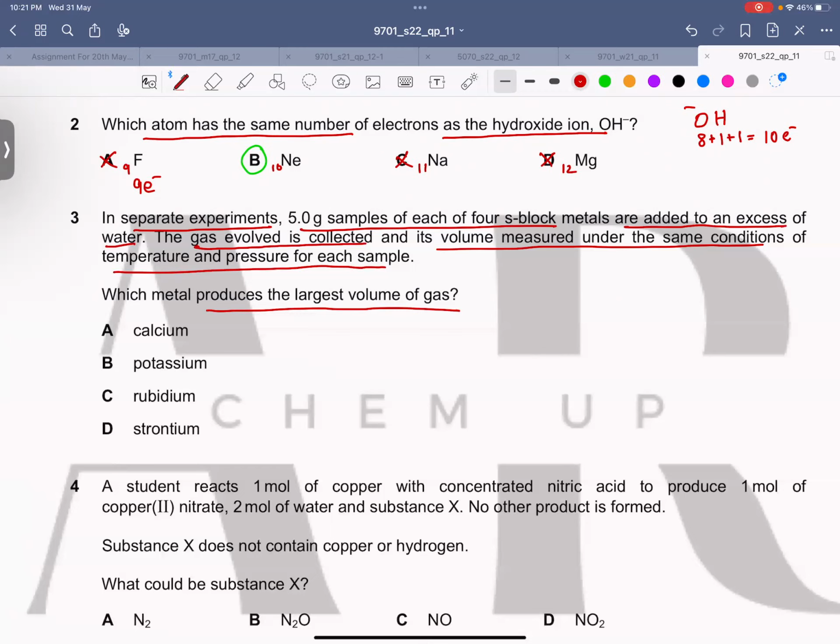So the easiest way to find out is the one with more number of moles. So we have to find out the number of moles for each element with 5 grams.